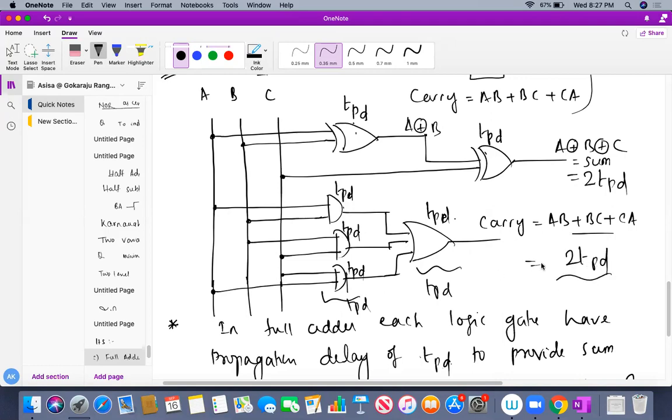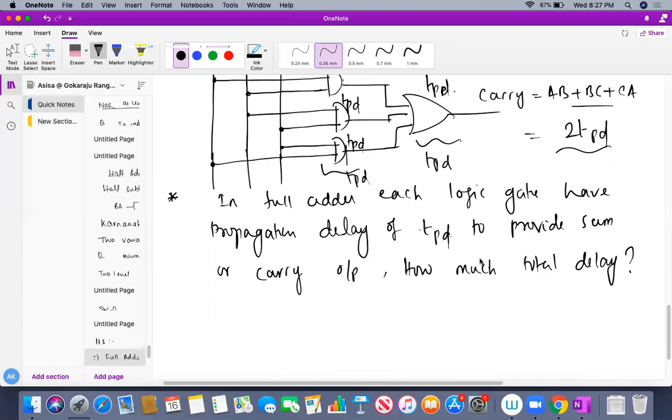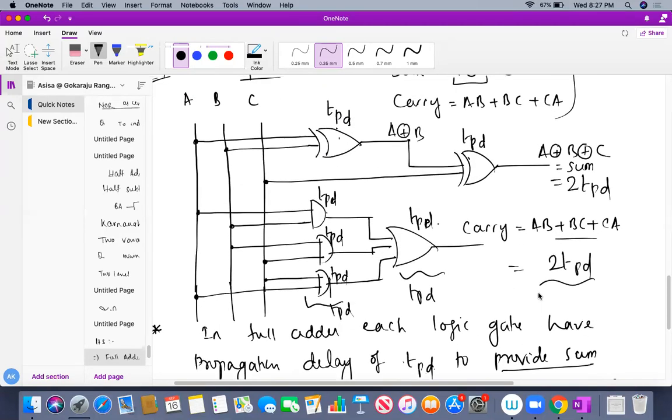Understand, students? So finally, how much does the full adder require to generate the sum and carry outputs? It requires 2 TPD delay. For the sum, I get 1 TPD here and another TPD here, so I get 2 TPD.